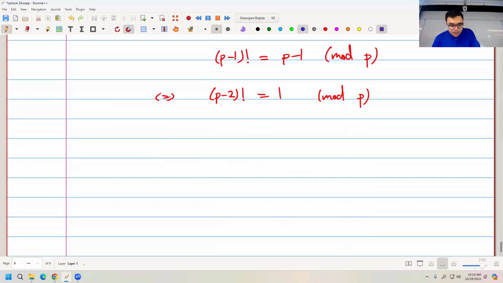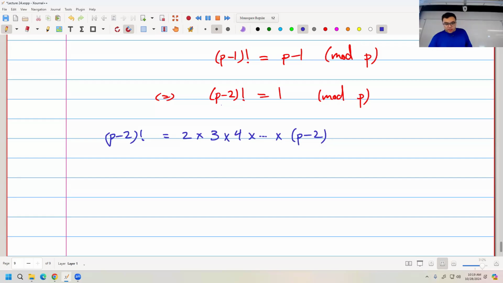So I have my numbers. What is (p-2)!? It's 2 times 3. And remember, I'm just proving it for p that is at least 5, right? Times 4, and so on, to p-2. But each of these numbers has an inverse modulo p, and this inverse is not the same as this number.